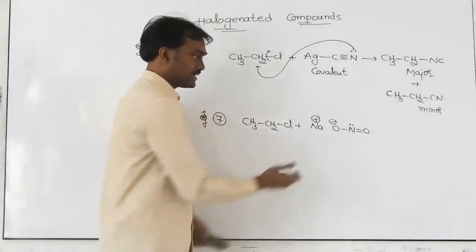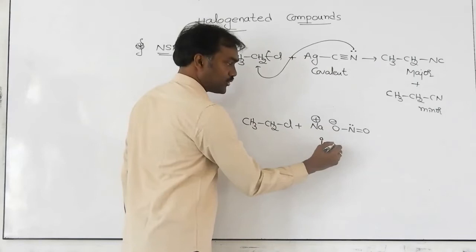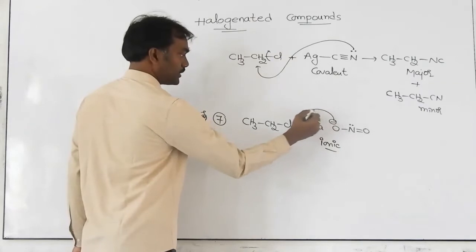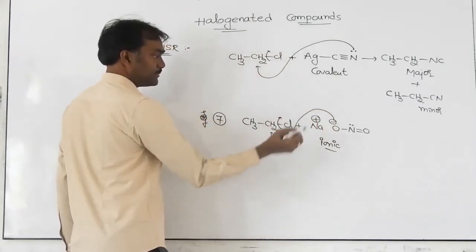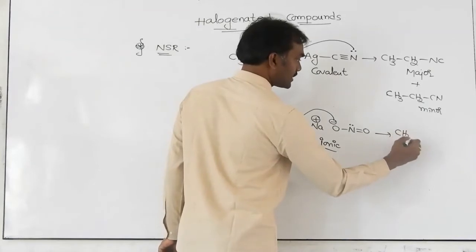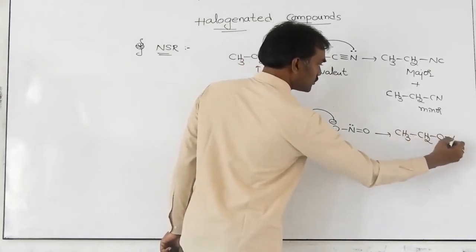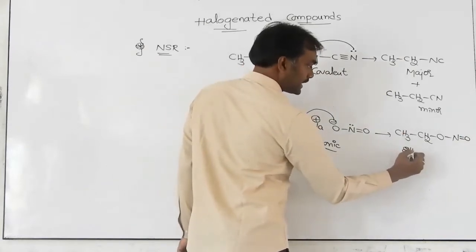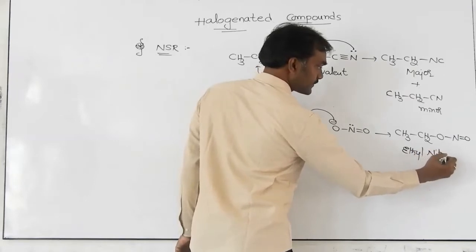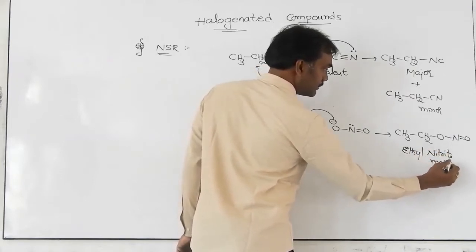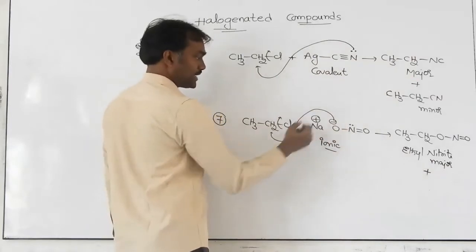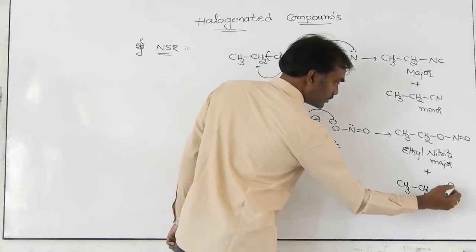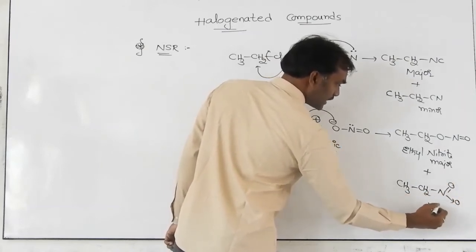Two nucleophilic sites are there, but between sodium and oxygen you have ionic nature, so the full negative charge is more powerful. Cl will be eliminated, and your major product is CH3CH2ONO, ethyl nitrite. The minor product, where the lone pair is connected, is the nitroethane CH3CH2N double bond O.